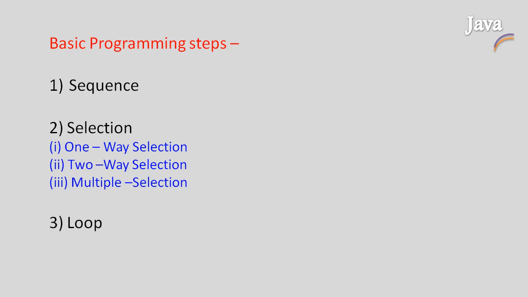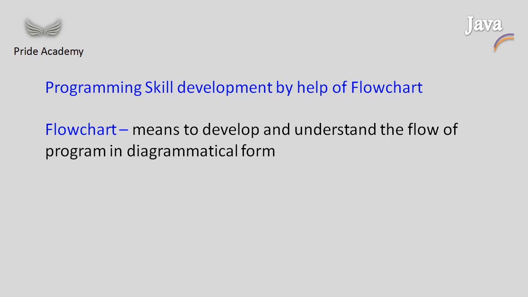Now with the help of a flowchart, we will give a diagrammatical presentation of a program. Now you must be thinking, why give a diagrammatical presentation of a program? Once you give the diagrammatical presentation of a program, the concepts will get clear.